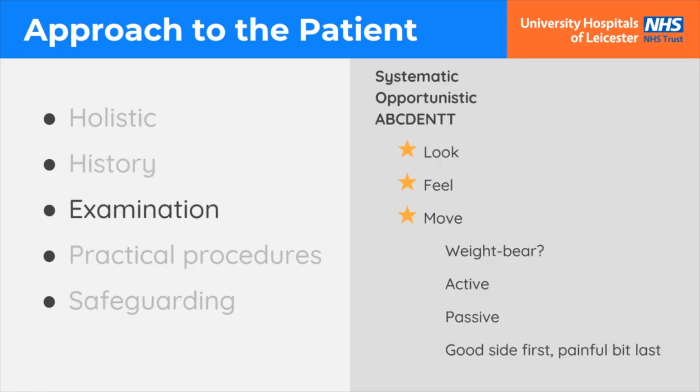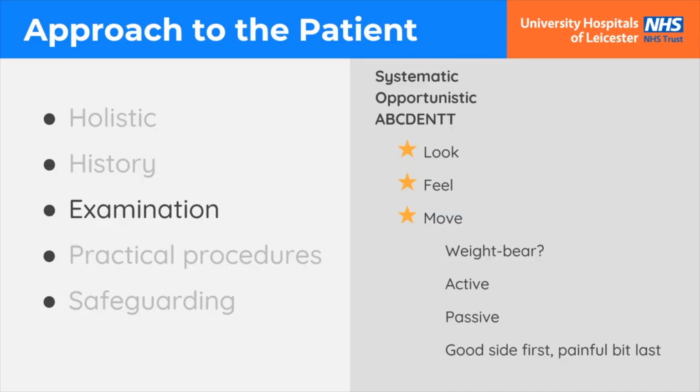When it comes to examination, in a standard approach, we're going to be systematic but opportunistic. Don't forget a top-to-toe assessment, as gait abnormalities and limb problems can be manifestations of systemic illness. But ultimately, when we're dealing with painful limbs, we're going to look, we're going to feel, and we're going to move.